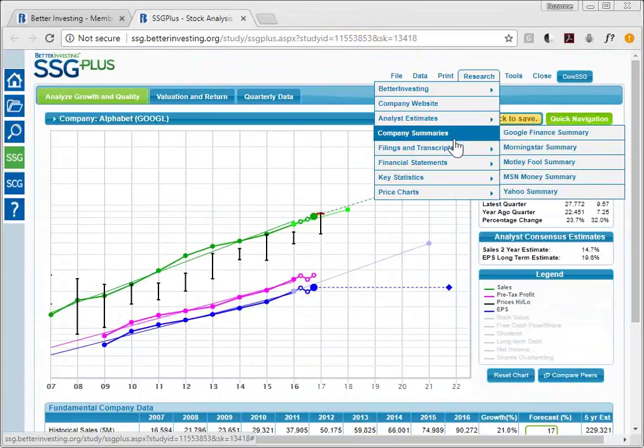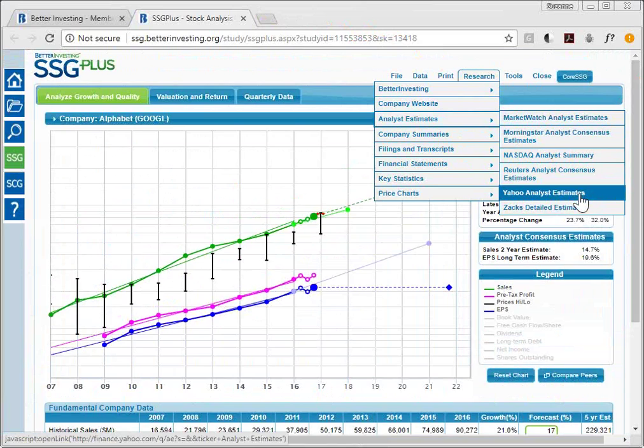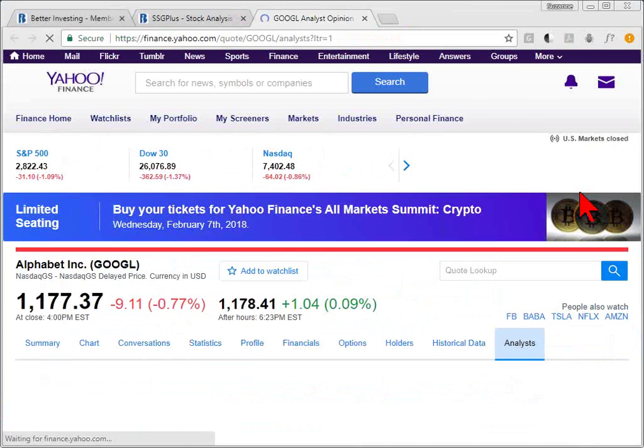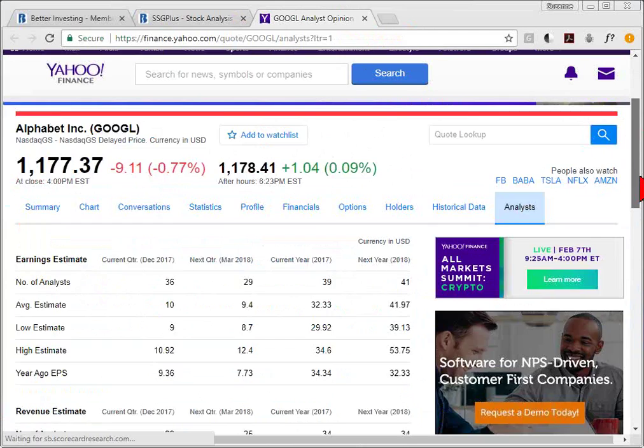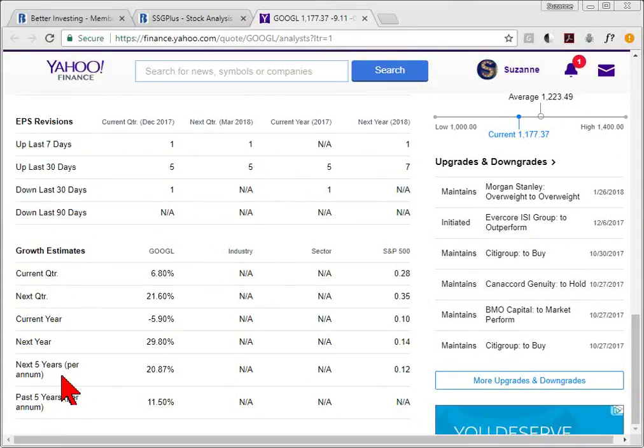We go to research, we go to analyst estimates, and we go to Yahoo. Now Yahoo's long-term earnings estimate is down at the bottom. I'm going to go all the way to the bottom, and it's this next 5 years per annum. So Reuters, which is the source for all this, says it's 20.9.